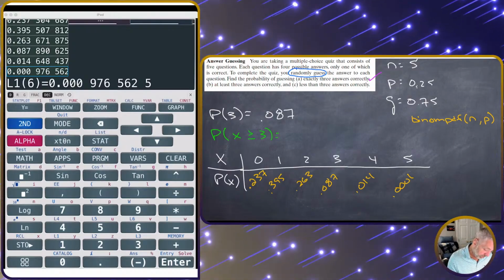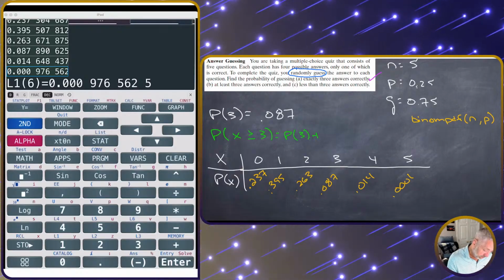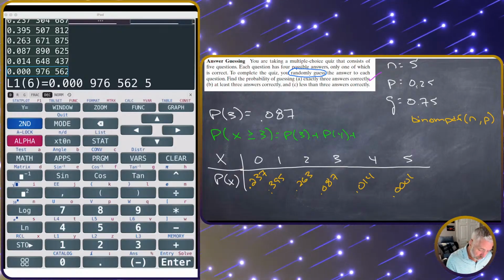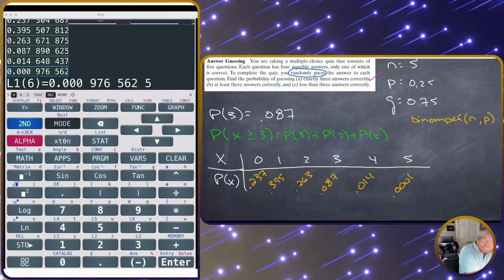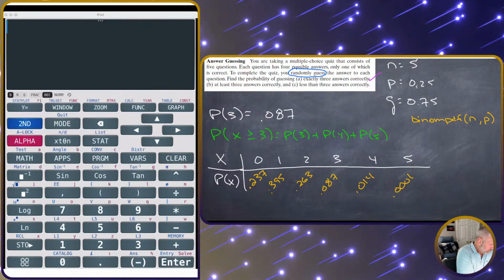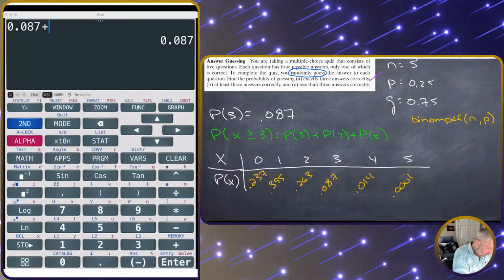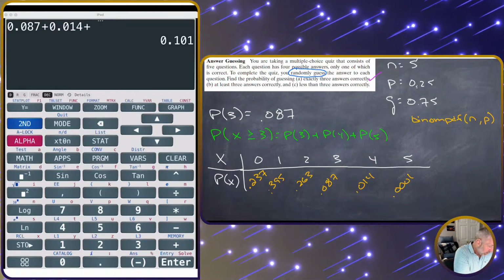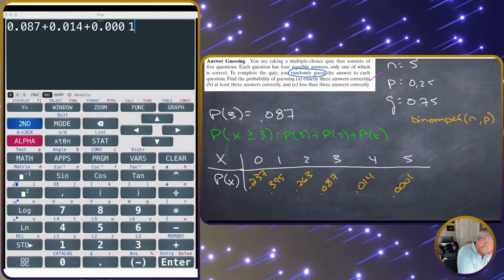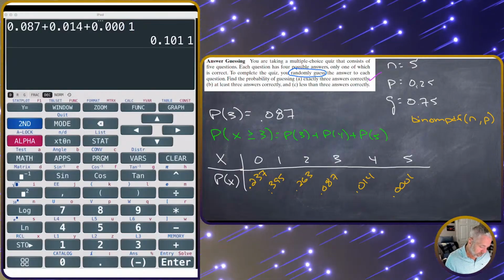So I would get the probability of 3 plus the probability of 4 plus the probability of 5, which would be second quit. We'll clear that out. 0.087 plus 0.014 plus 0.0001. So I get 0.101.